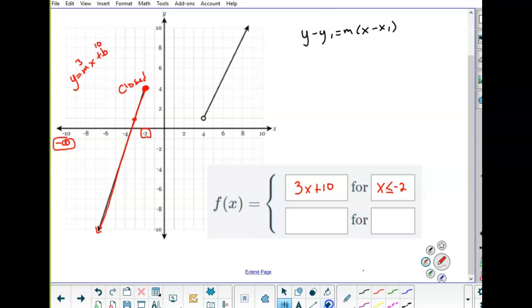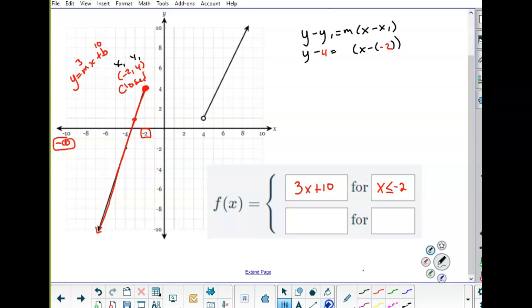So maybe I use this point at the spot -2, 4. Now remember, that's the x1, y1. Officially, it's subtraction of the negative.